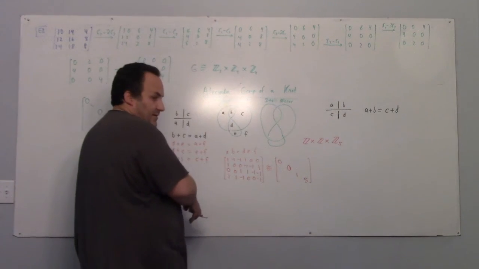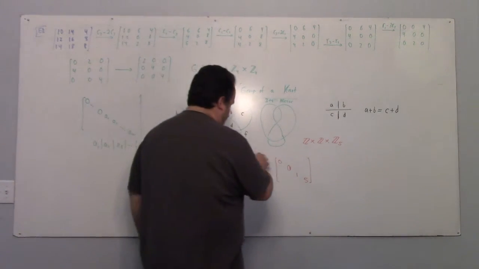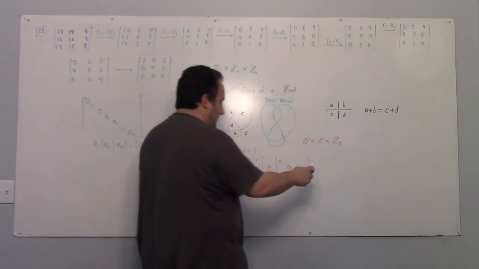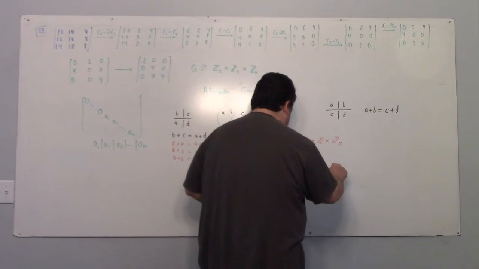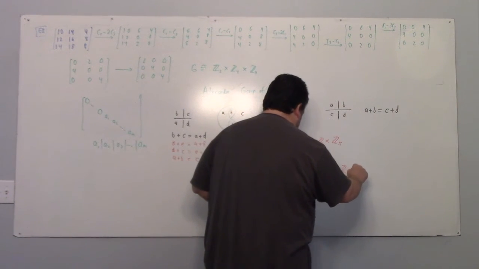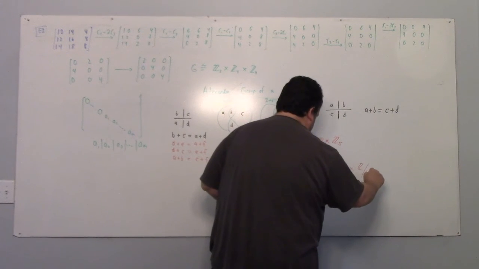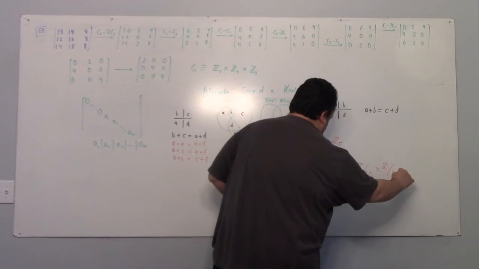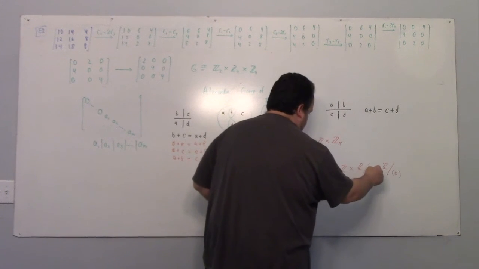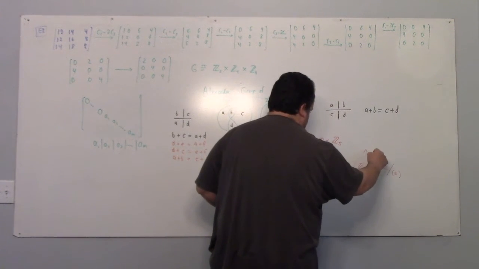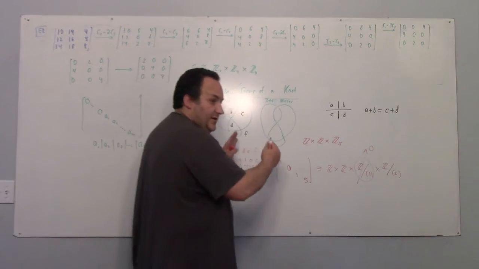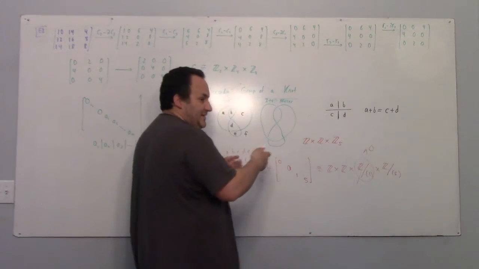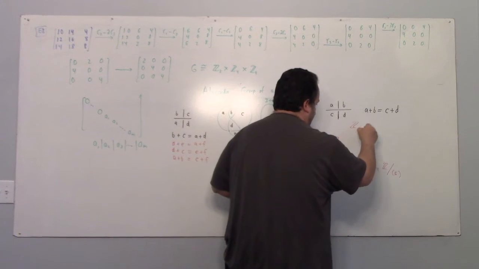Okay, so if this went to that, that would mean Z cross Z mod 1 cross Z5, and this is just Z mod Z, which is isomorphic to 0. Because 1 is Z and Z mod Z is isomorphic to 0.